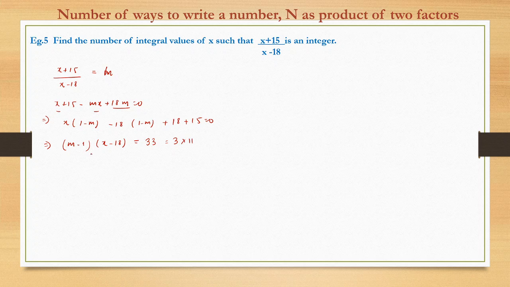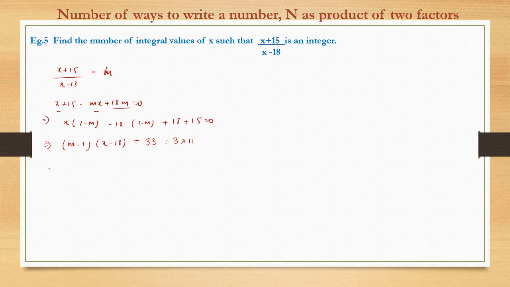Now m is an integer, x is an integer, so it means we have to write 33 as a product of two integers. We know how we can write 33 as a product of two integers, where it is an ordered pair of integers. m can have a value and x can have a different value, and both the values can be interchanged between x and m.